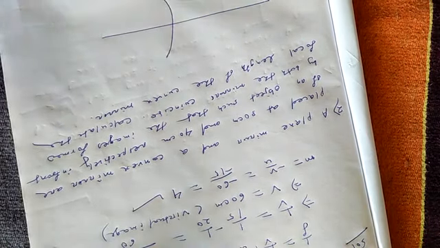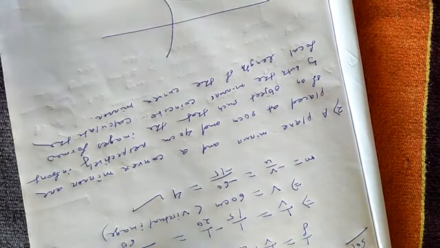This is 30 centimeter. So let us see, PB is equal to 40 centimeter. Then PM will be 10 centimeter. So PM is equal to 40 minus 30 is equal to 10 centimeter. So what is PB dash?